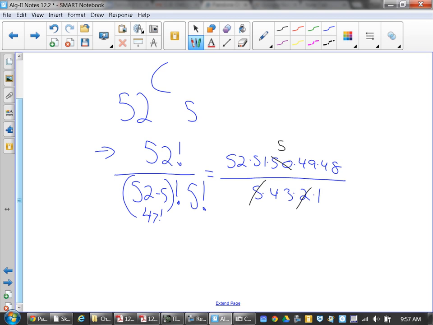And then the 12 goes into 48 how many times? 4. So the numerator really is 52, 51, 49, and 20.